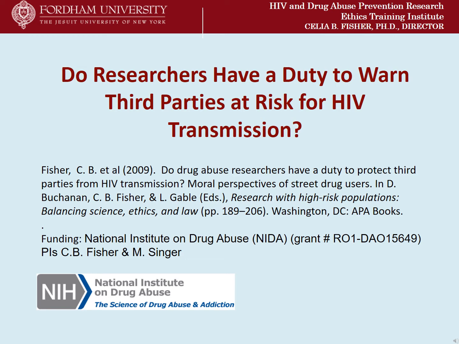Okay, so the first study I'm going to talk about, to give you an example of how we explained research to people, is called Do Researchers Have a Duty to Warn Third Parties at Risk for HIV Transmission? This was a NIDA sponsored study that we conducted, and we did focus groups.